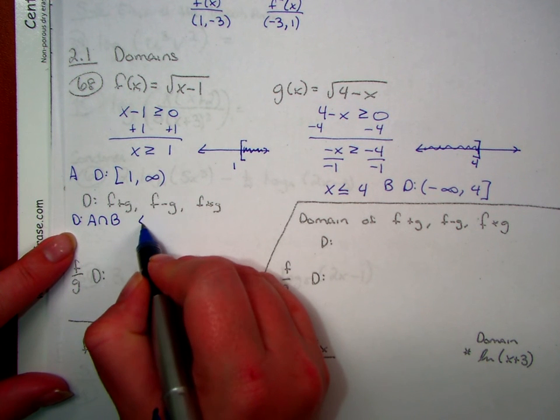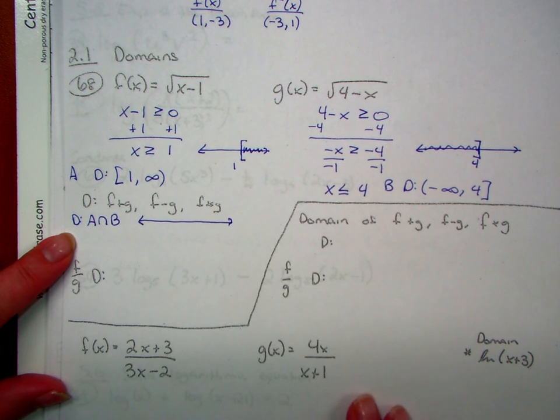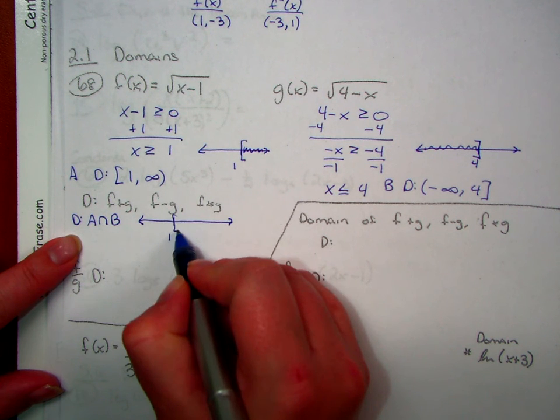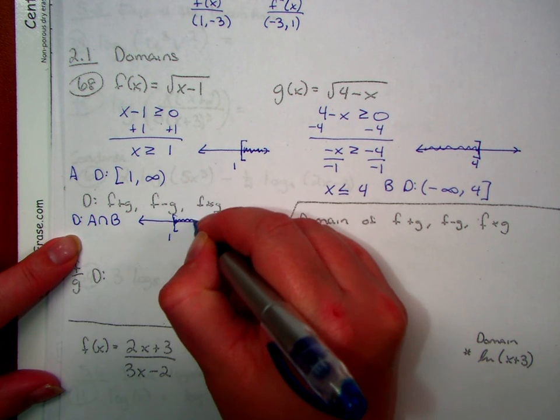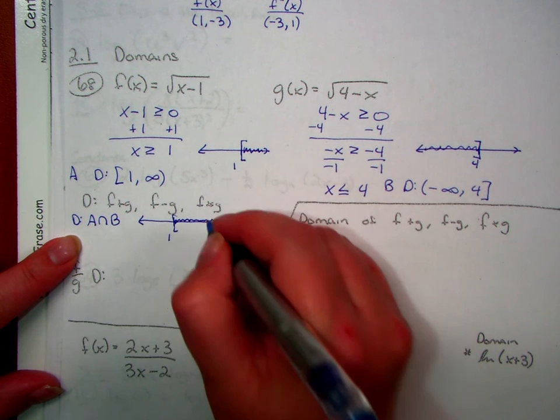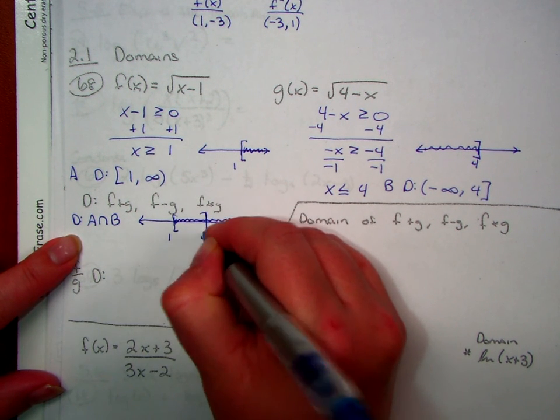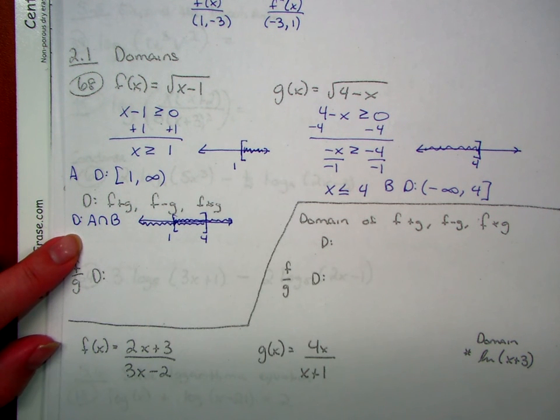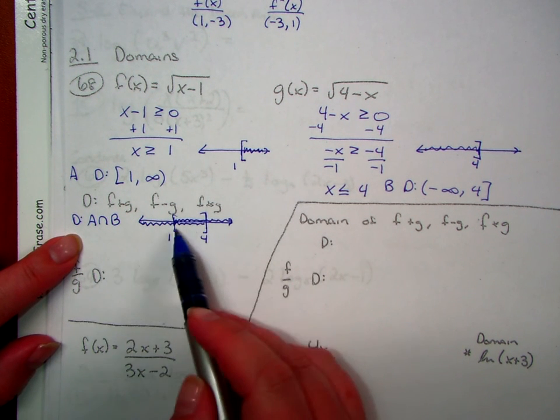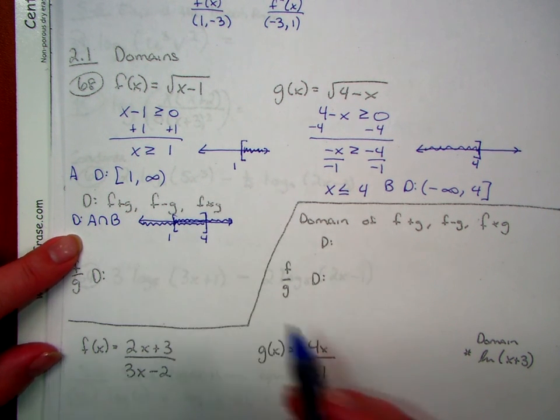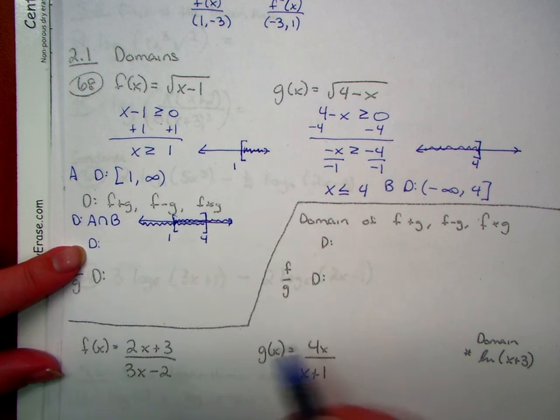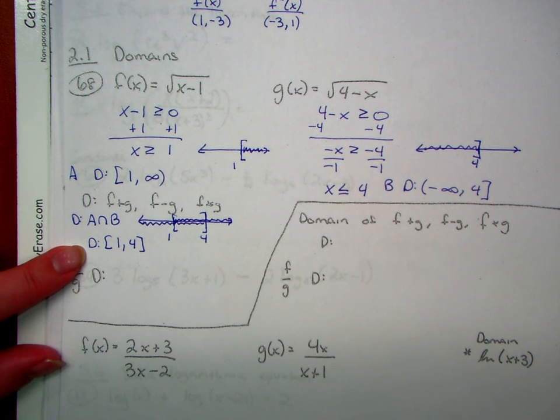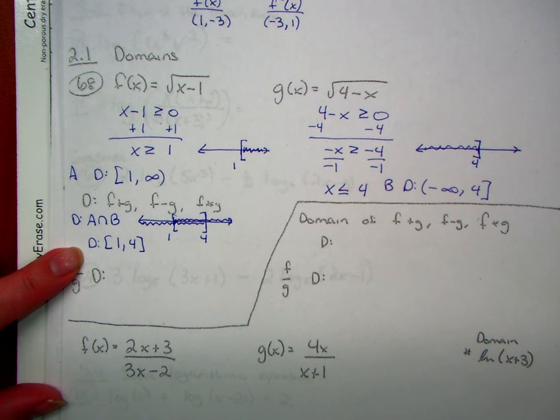If I put both sets on number lines, 1 to infinity graphed up top and negative infinity to 4 graphed down below, the intersection is where they overlap, and they only overlap here in the middle. So the domain A intersect B in this case is just from 1 to 4.